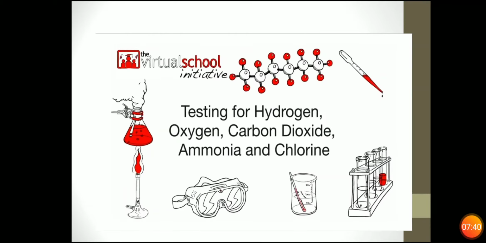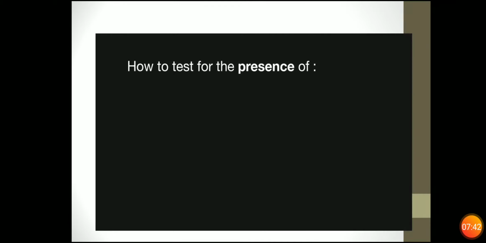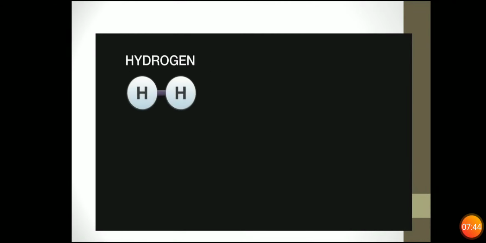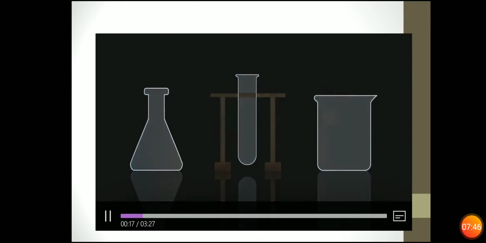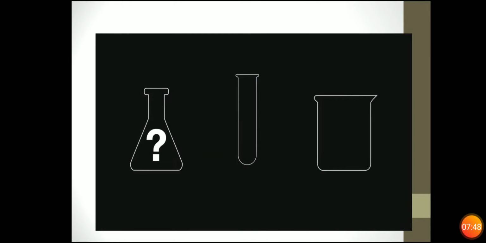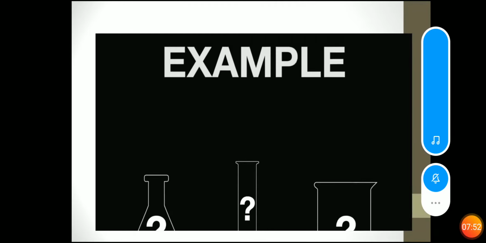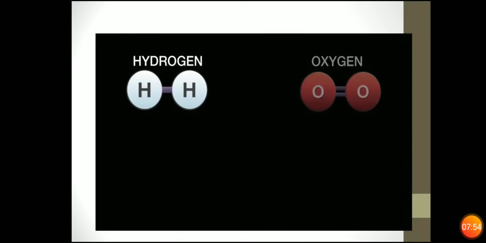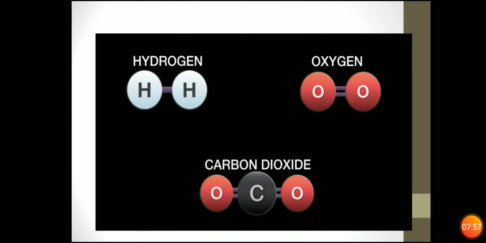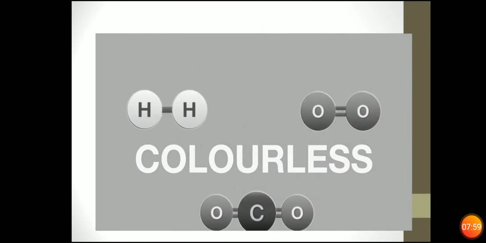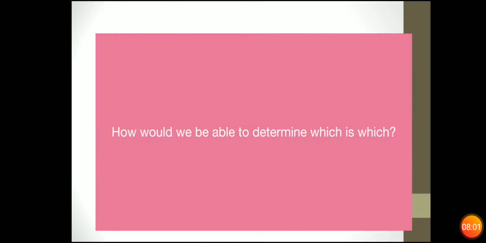In this lesson, we will learn how to test for the presence of hydrogen, oxygen and carbon dioxide, because it is nearly impossible to determine the identity of a gas just by its appearance. As an example, hydrogen, oxygen, and carbon dioxide are all colorless and odorless. How would we be able to determine which is which?